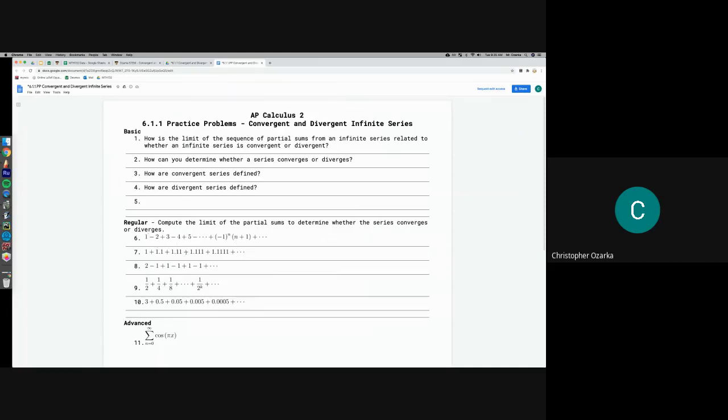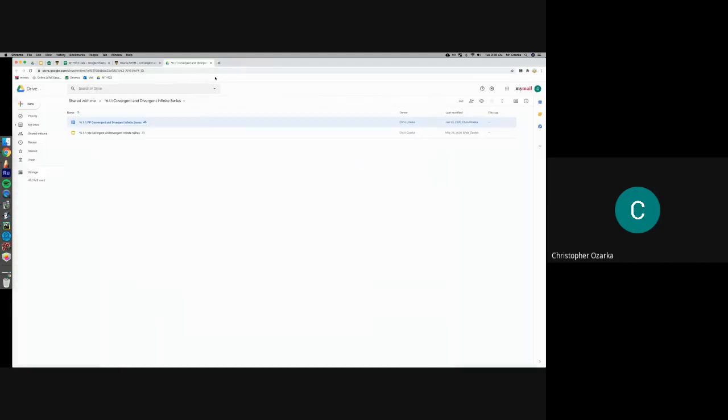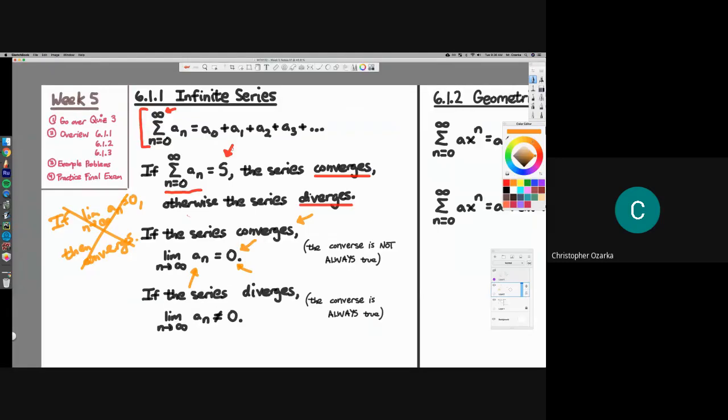Is this going to a certain value? Is the limit approaching 0 as you get further out? But again, you're not going to see anything like this, so if you do skip it, that's totally fine. The most important thing is 613. Any questions on 611?